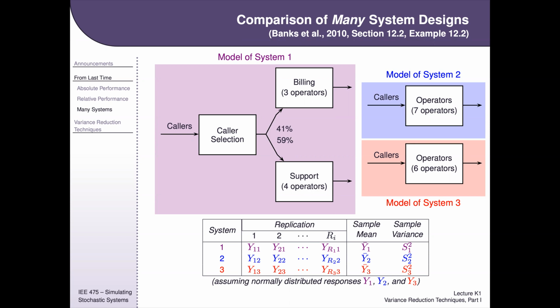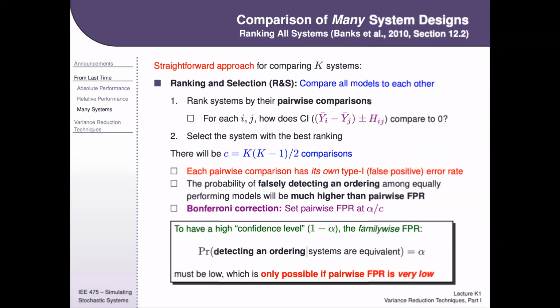I might show that I can see a difference between 1 and 3 and 1 and 2, but I can't tell a difference between 2 and 3, in which case I'd report to the boss, 2 and 3 are better than 1, but I can't tell a difference between 2 and 3, so it's kind of up to you. Or the difference between 2 and 3 is so small that it's not worth the headache of going to system 3, you may as well just go to system 2, or vice versa. So this would be one way to do all of those comparisons.